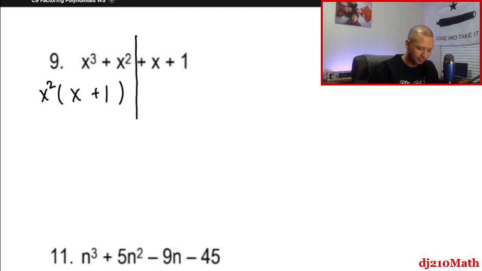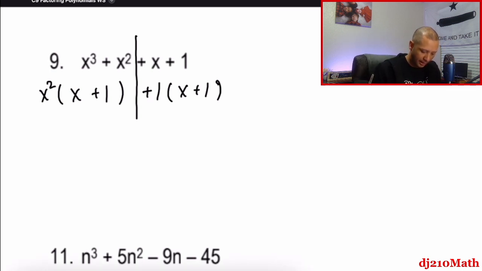All right, right hand side. We already have x plus 1, right? So we want to factor something out so that x plus 1 is left behind in the parentheses. Well, x plus 1 is already up here on the right, so we're going to factor out a 1. You can take out a positive 1.